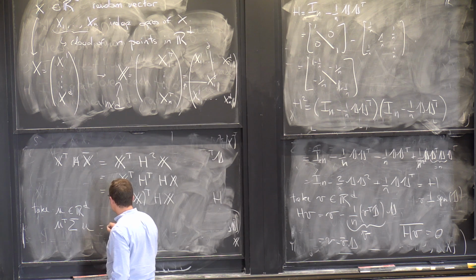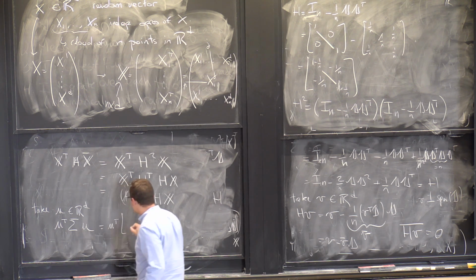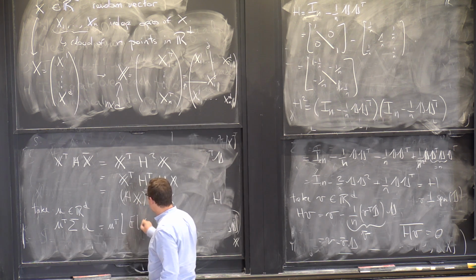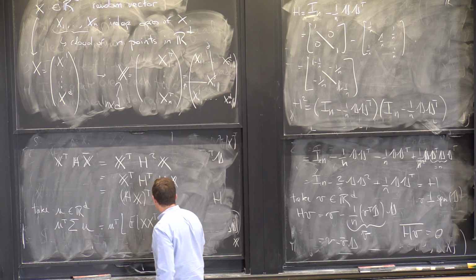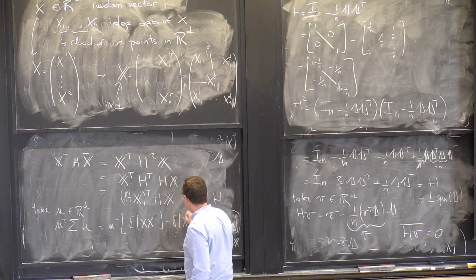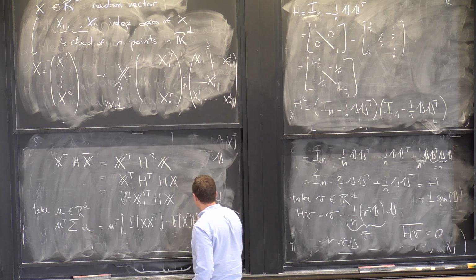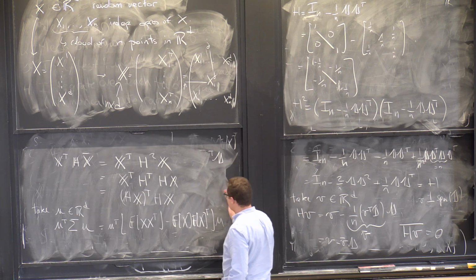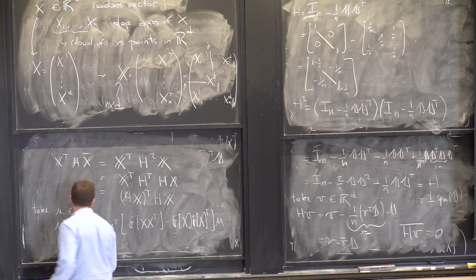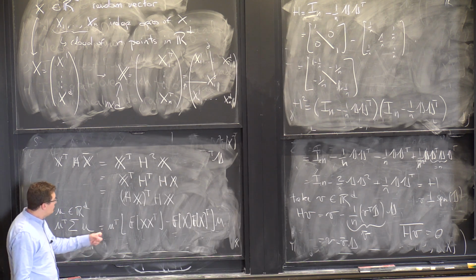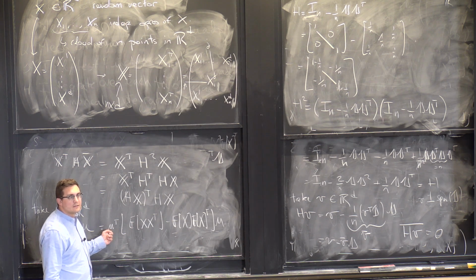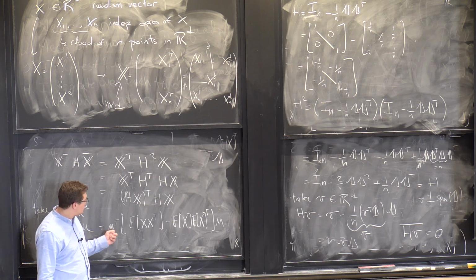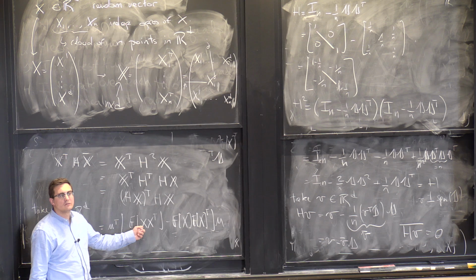Well, sigma is the expectation of x minus the expectation of x, times x minus the expectation of x transpose, right? So I just substitute in there. Now, u is deterministic, so in particular I can push it inside the expectation here.